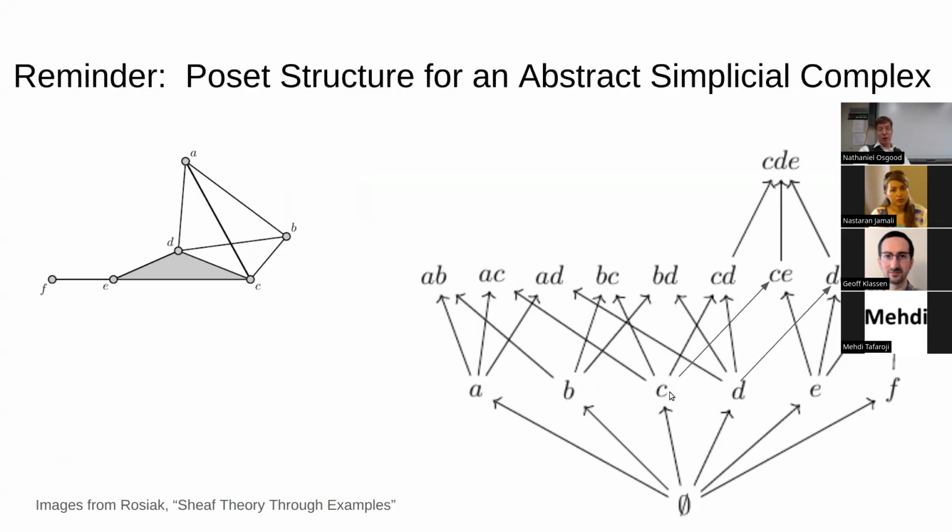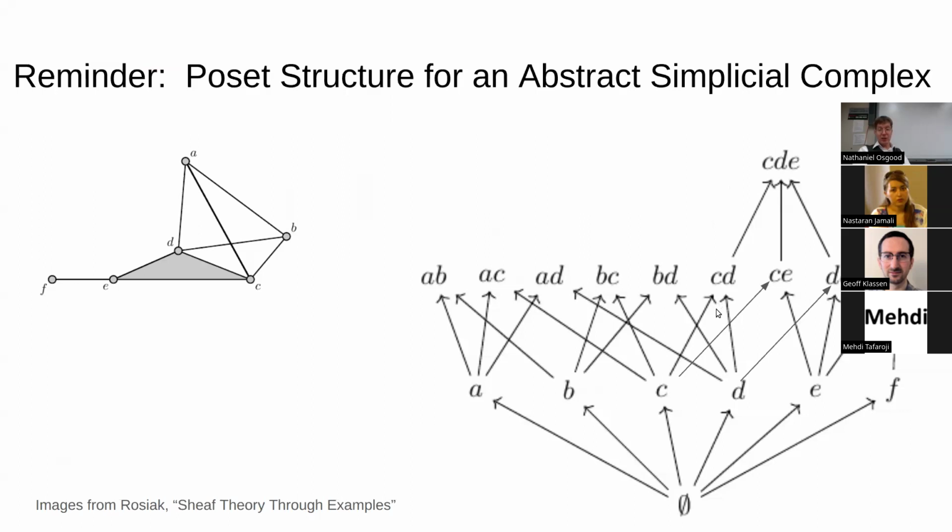So here, C star is C, BC, CD, CE, CDE. And the star associated with CD is what? What's the star associated with CD? CD and CDE.